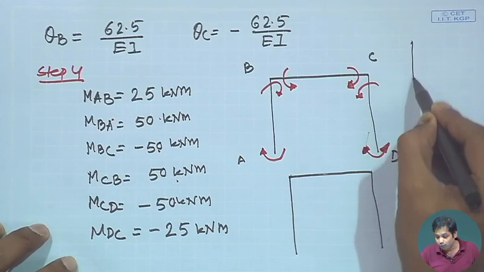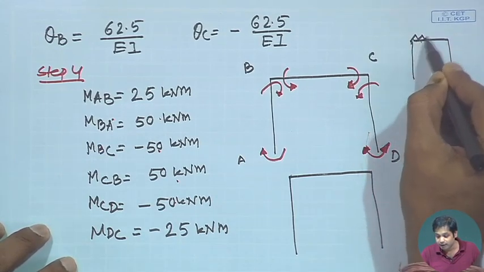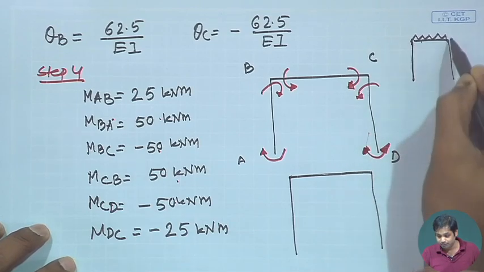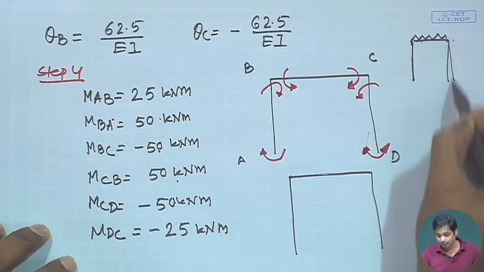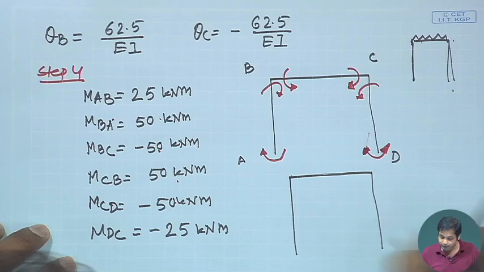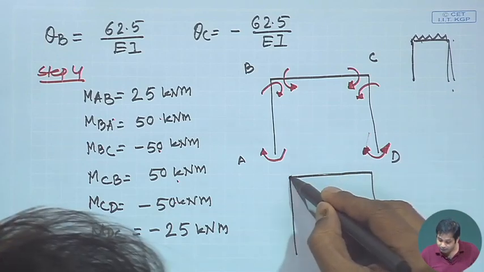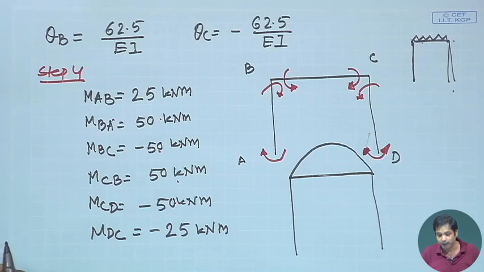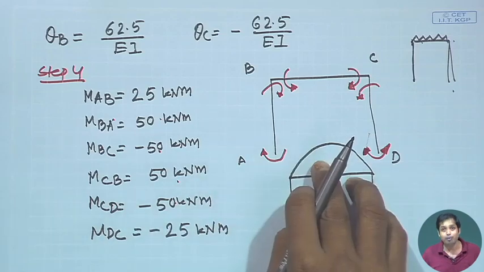Now, your loading was something like this. For the external load there is no bending moment in these members, so for external load the bending moment will be only on BC, and we know it is a parabolic bending moment diagram. So, this is positive bending moment.